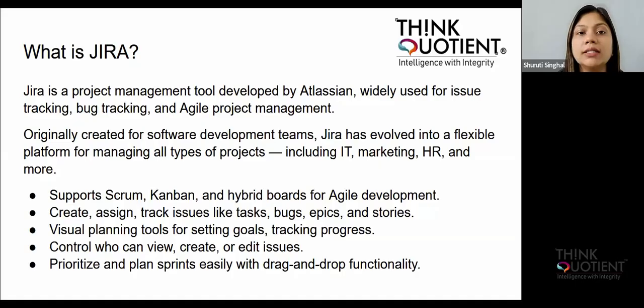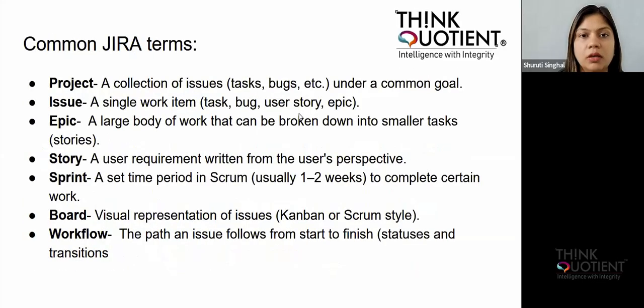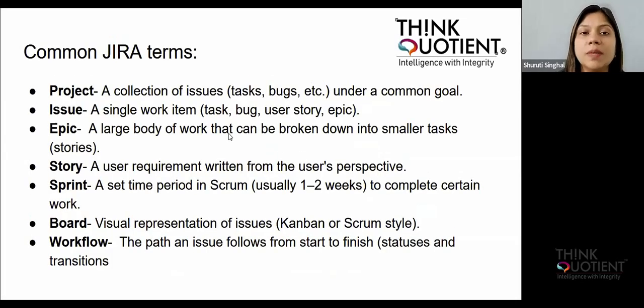Now guys, let us proceed to the common Jira terms, or we can say common Jira technology terms. The very first is project. So what is a project? A project is basically a collection of issues that is under a common goal.